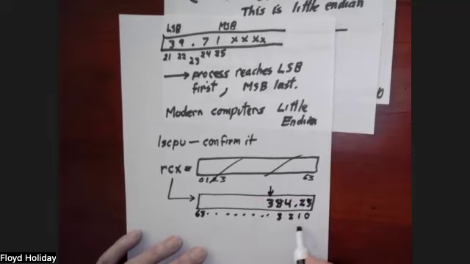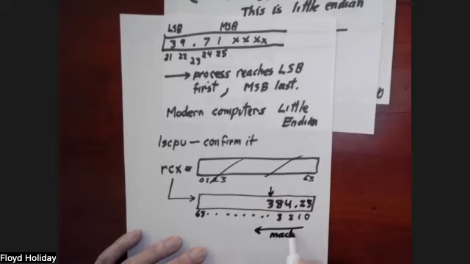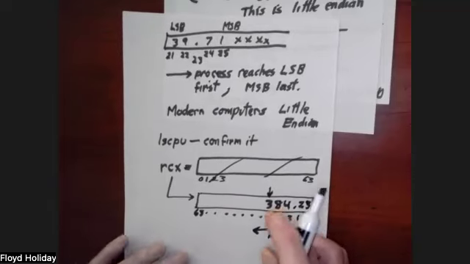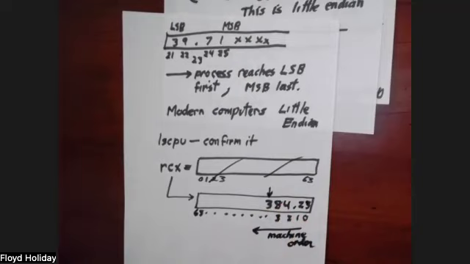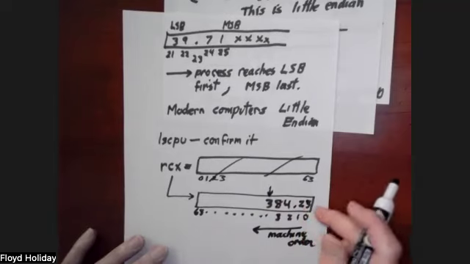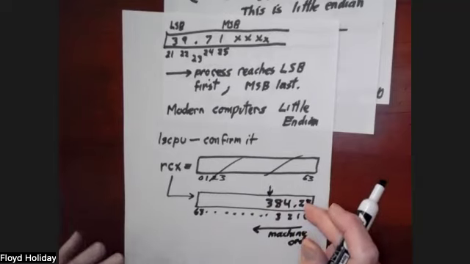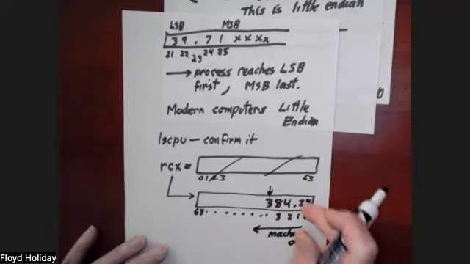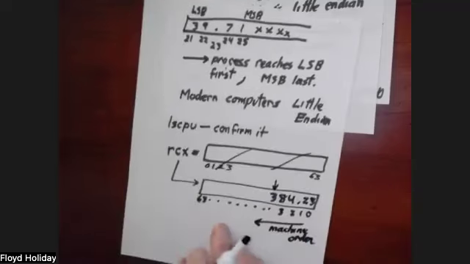So this is the machine order here. Of course it's not in decimal, it's going to be in binary, but it's the same concept. The least significant binary byte will come first, and it will be on this side of the register.